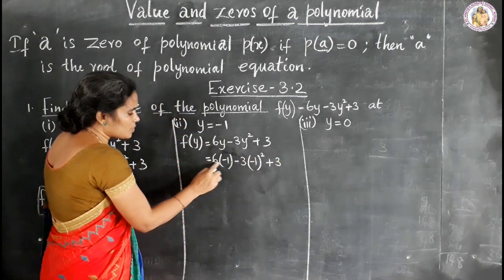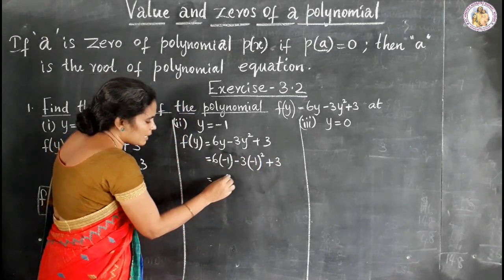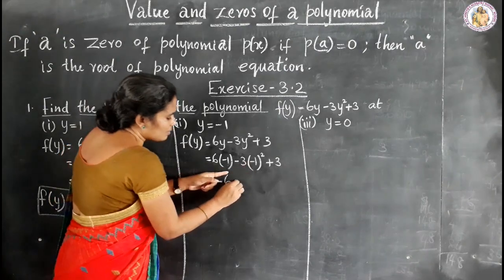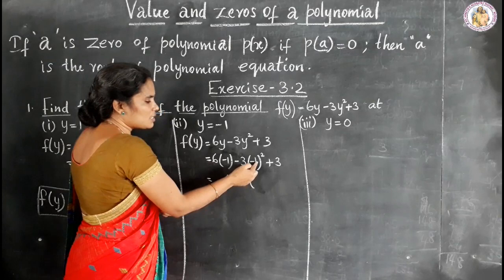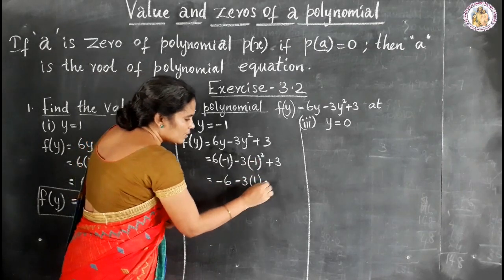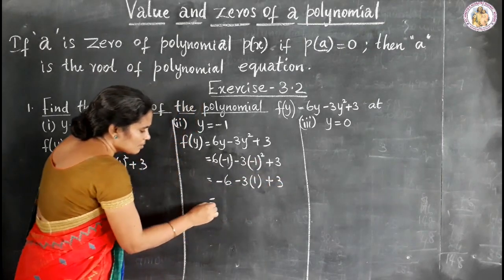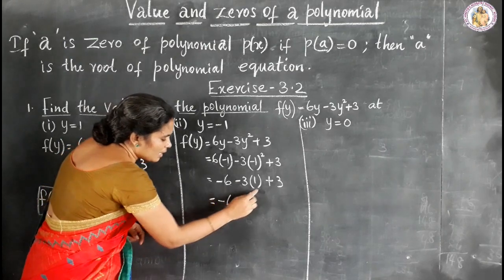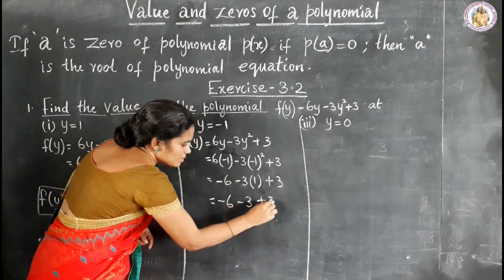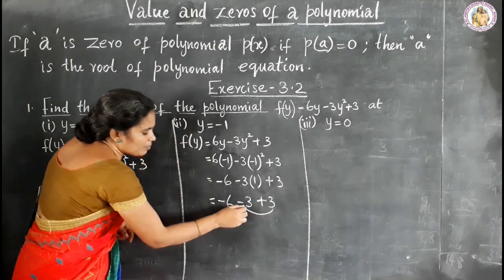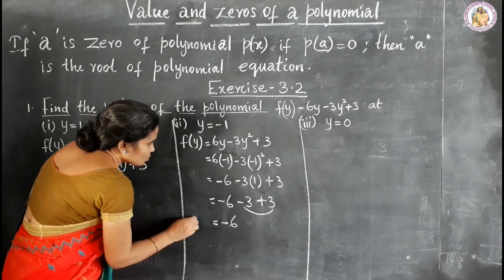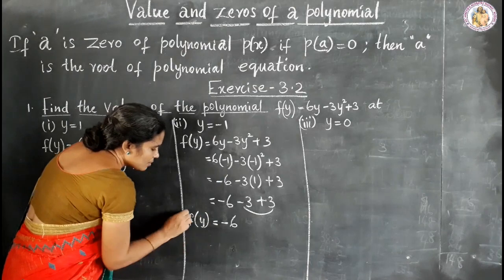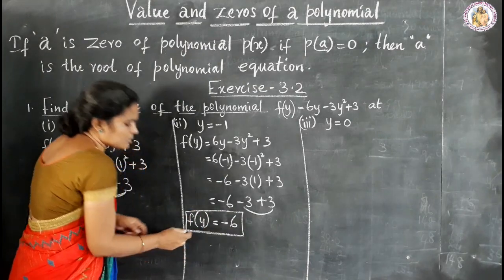Okay, so 6 ones are 6, plus into minus, minus 6. 3 minus 3, 1 into 1, minus into minus is plus, so write 1 plus 3. Minus 6, 1 3s are 3 plus 3. Now you can see plus 3 minus 3 is 0, we have only 6. So f of y is equal to minus 6.